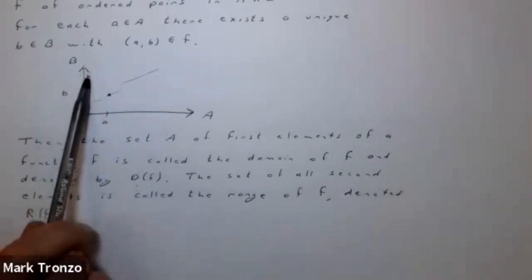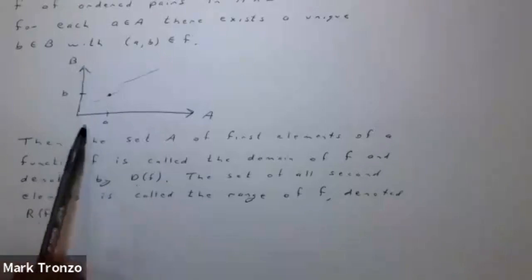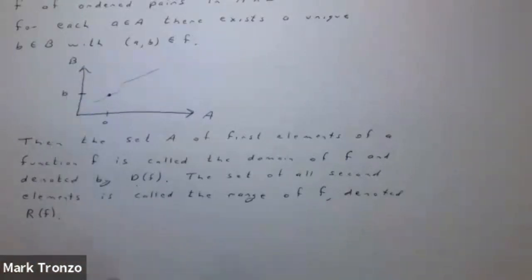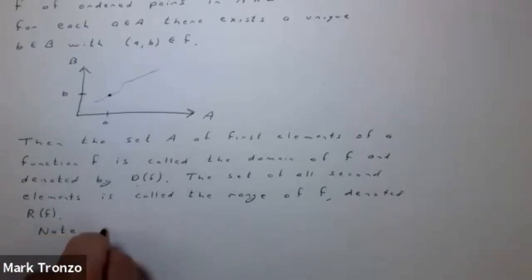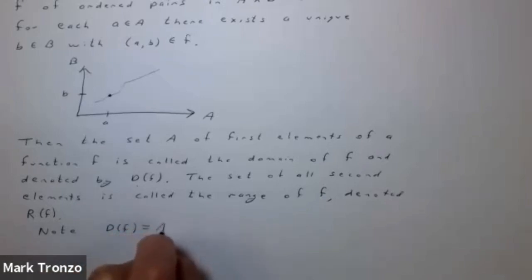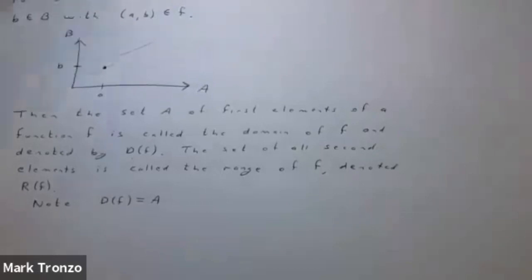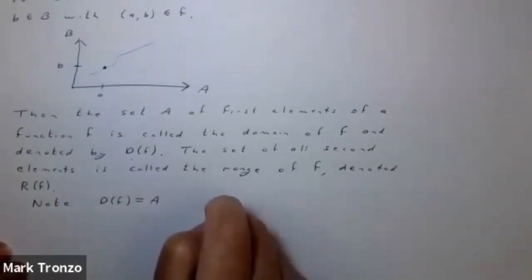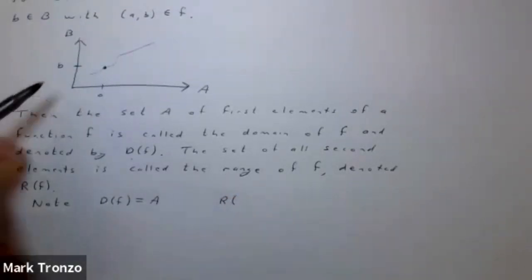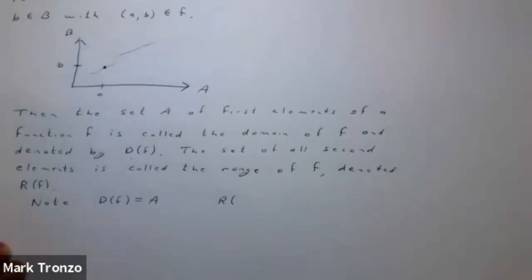But you won't necessarily get everything that's in B. So as they mention in the book, note that the domain of F will be equal to the whole set A, but the range of F won't necessarily be all the values over here.